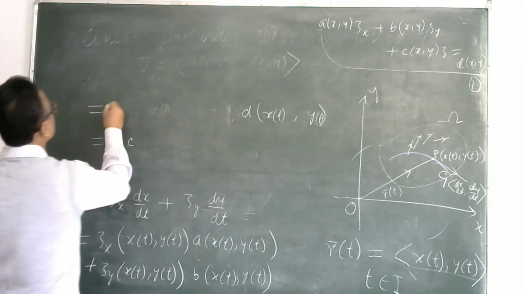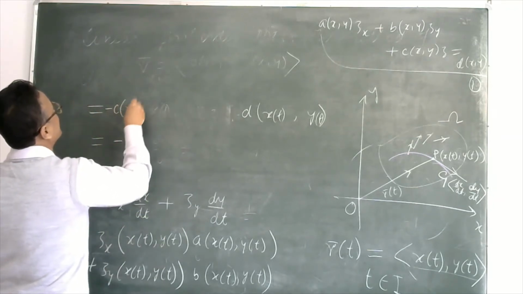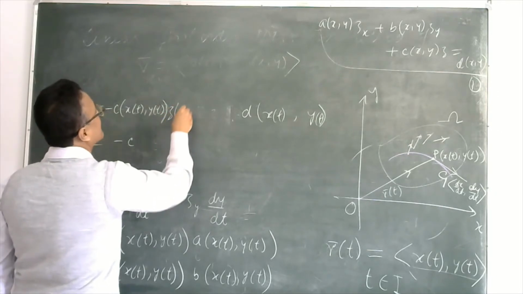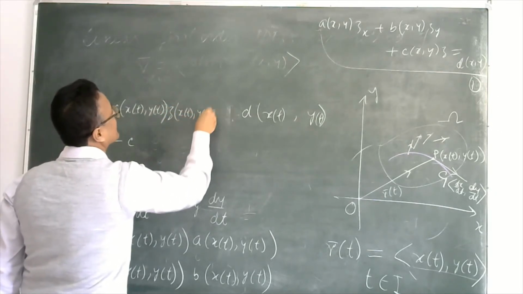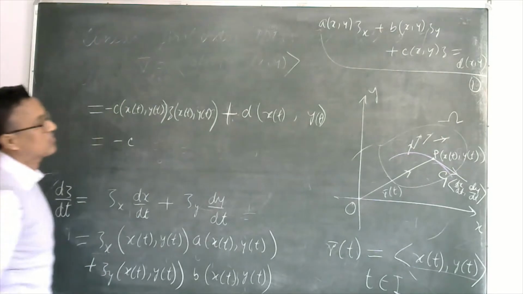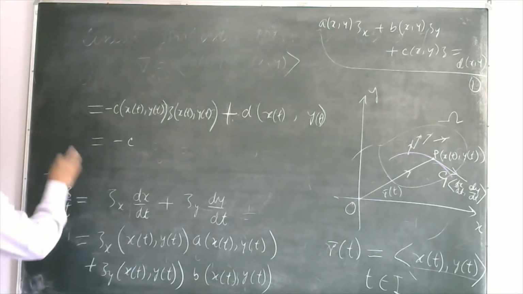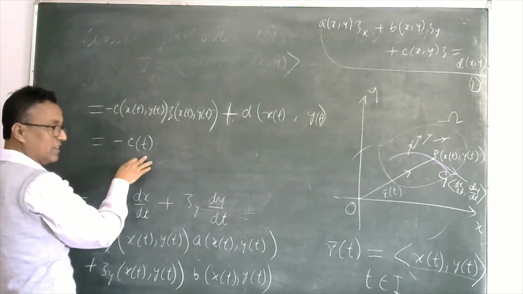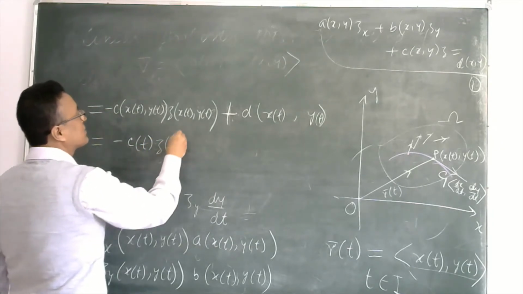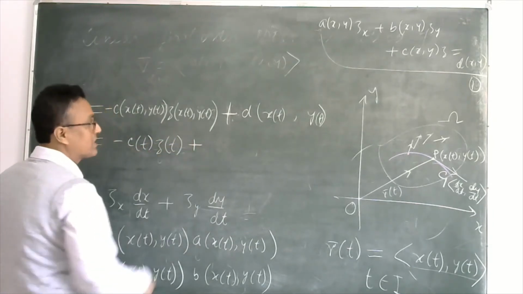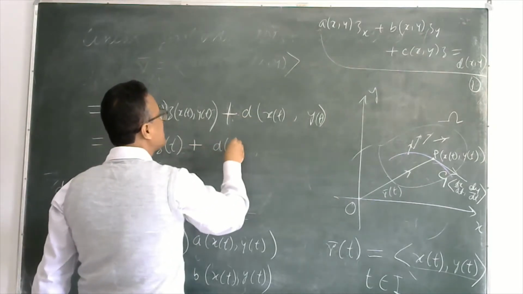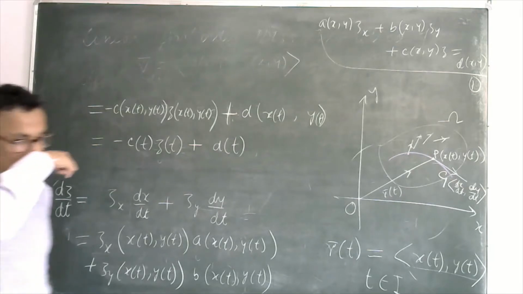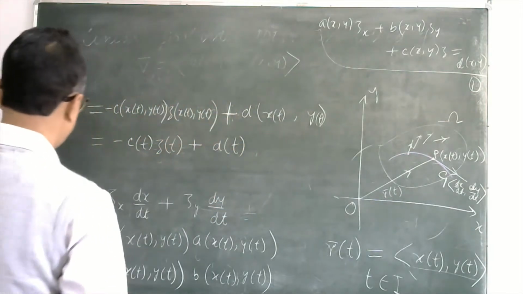So this is simply minus c as a function of (x,y) into j plus this. So that means this is eventually a function of t. Again, j is a function of t, I can write explicitly, and this now becomes a function of t.